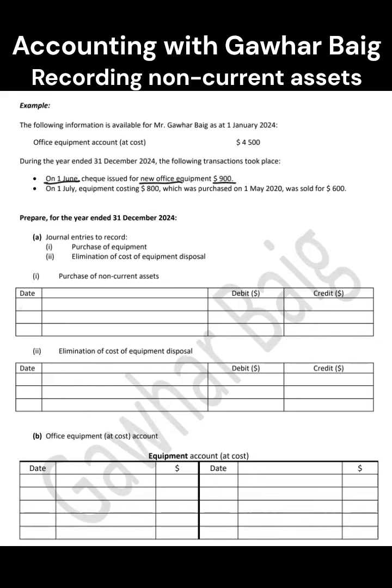So on 1st of June, office equipment is being debited by the cost price, and we bought it through check. So bank account will be credited by $900.